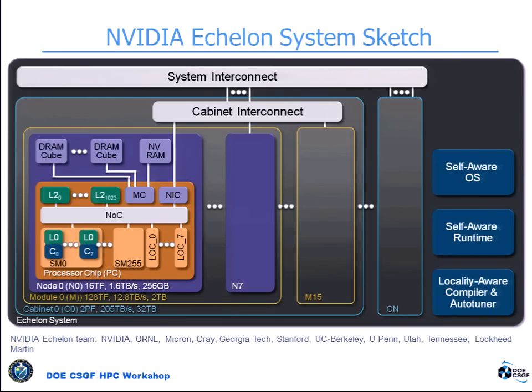And then along with that, you're going to have these streaming multiprocessors that look very much like a streaming multiprocessor in a GPU today. They have a lot of lightweight, low-energy cores that give you a lot of concurrency, and they hide that latency that you have to the memory system by switching between the threads to keep busy.